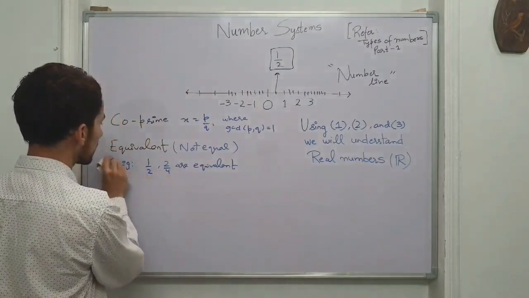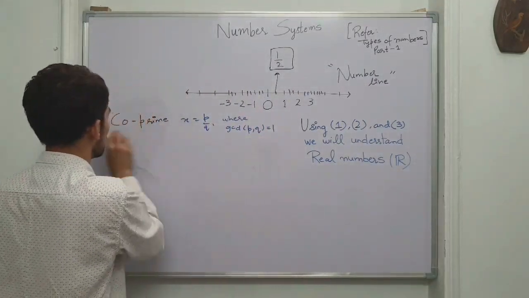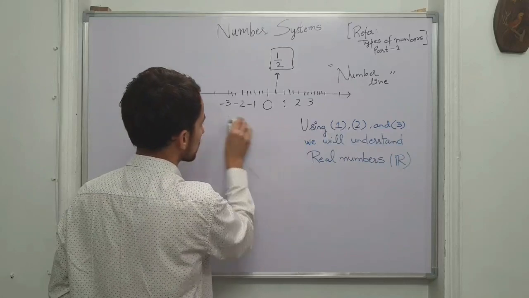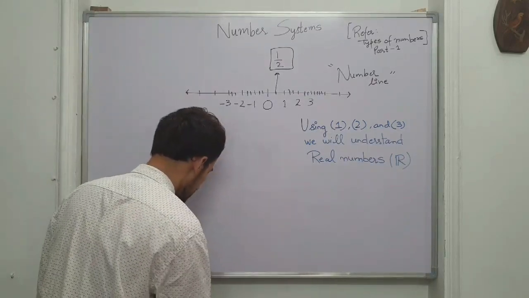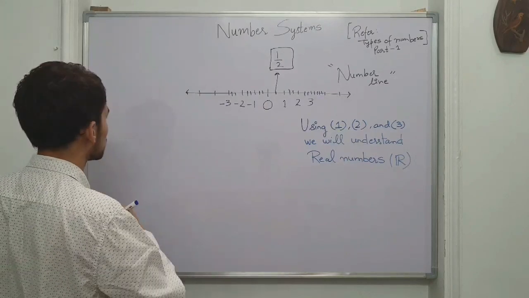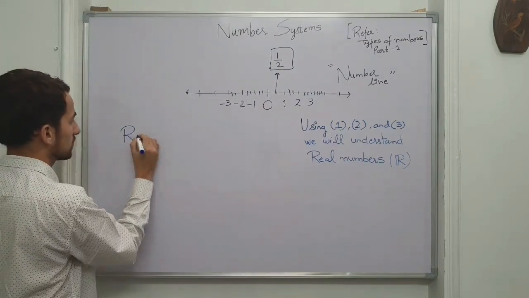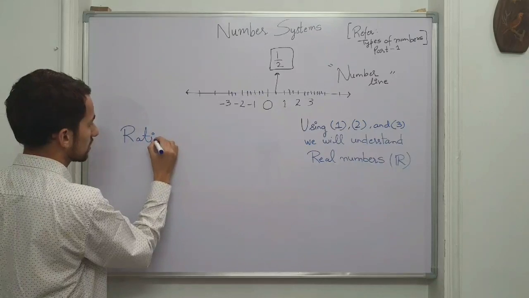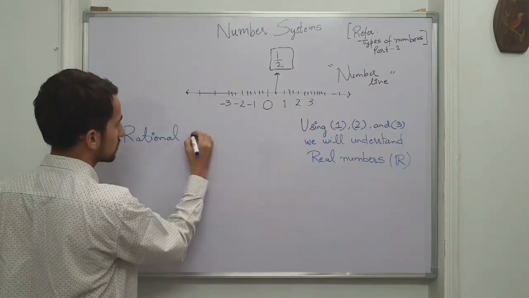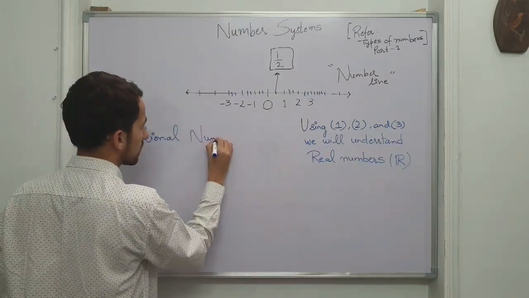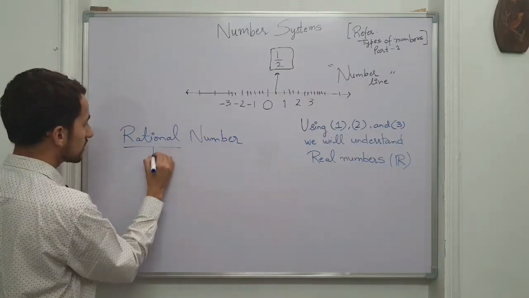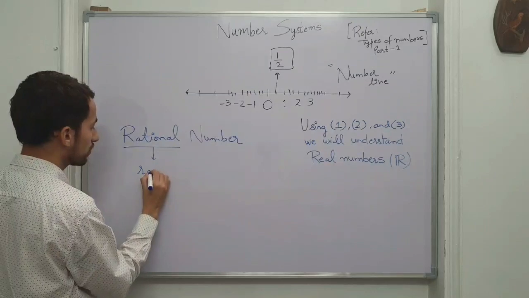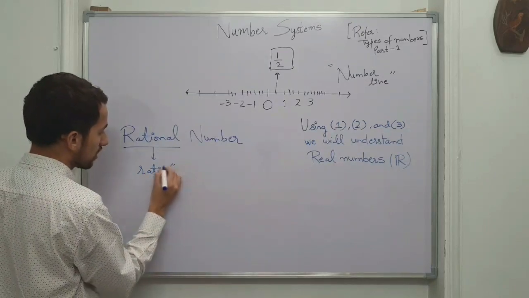So let me rub this and now give you some basics of clarity behind the rational number. Rational numbers. This term, rational, comes from the word ratio.